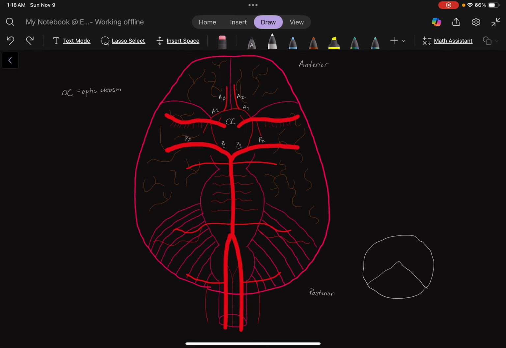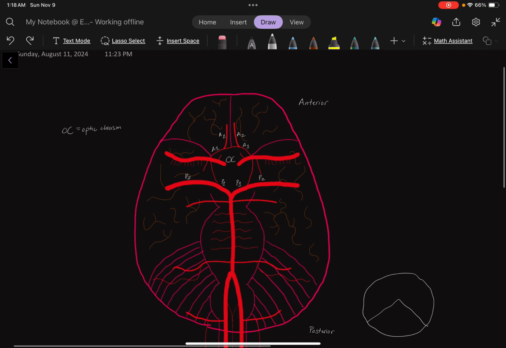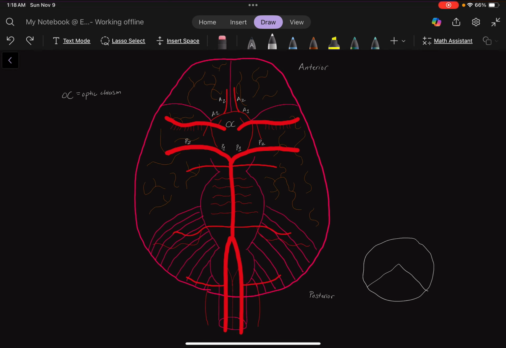Okay. One other thing that I want to clarify before we start labeling all these blood vessels is that the cerebellum is all these pink stripes that I have put over here. That represents the cerebellum, okay? And this right here is the spinal cord.